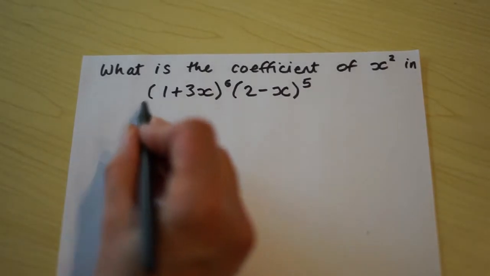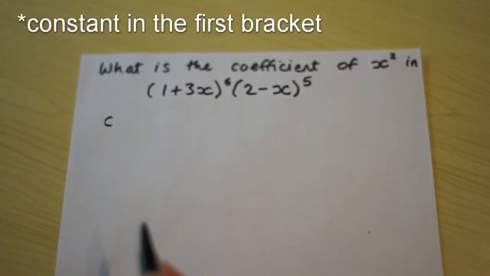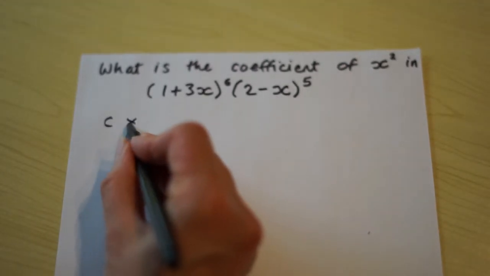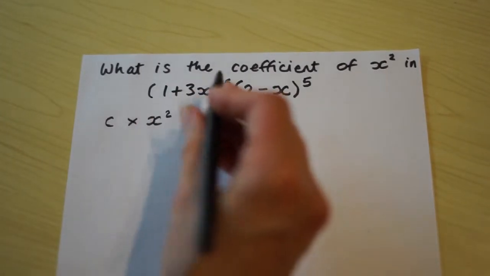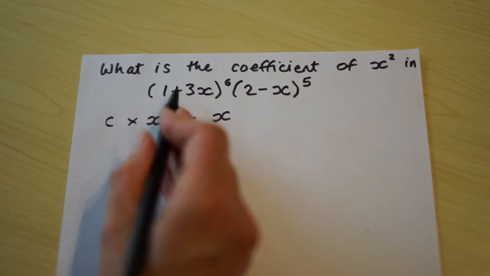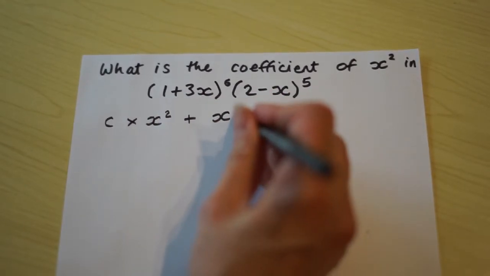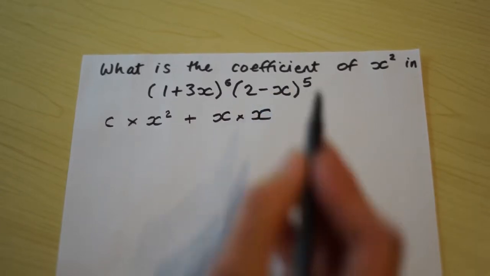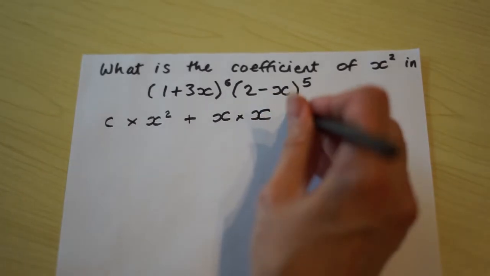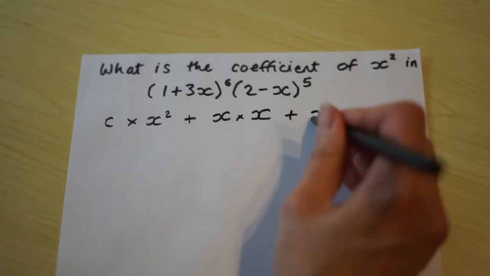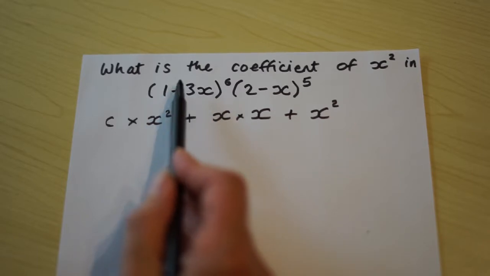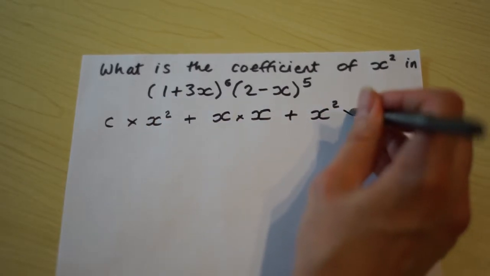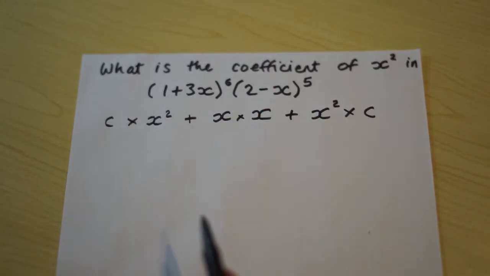It appears from a constant in the first bracket multiplied by an x squared term in the second bracket, and it appears from the x term in that bracket multiplied by the x term in the second bracket, and it also appears from the x squared term in that bracket multiplied by the constant term in the second bracket.